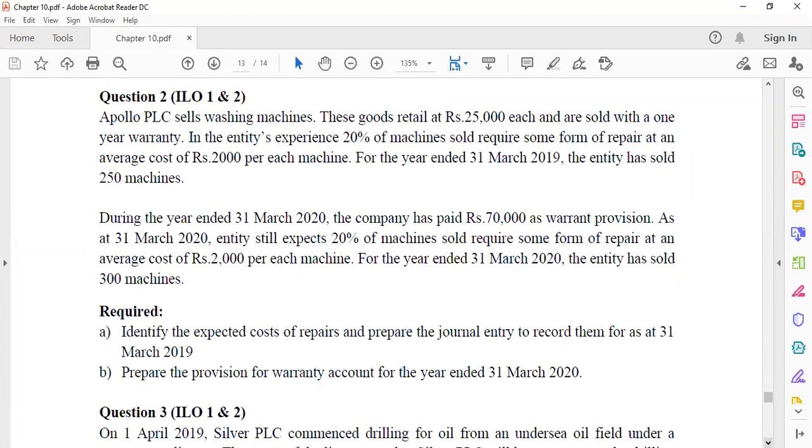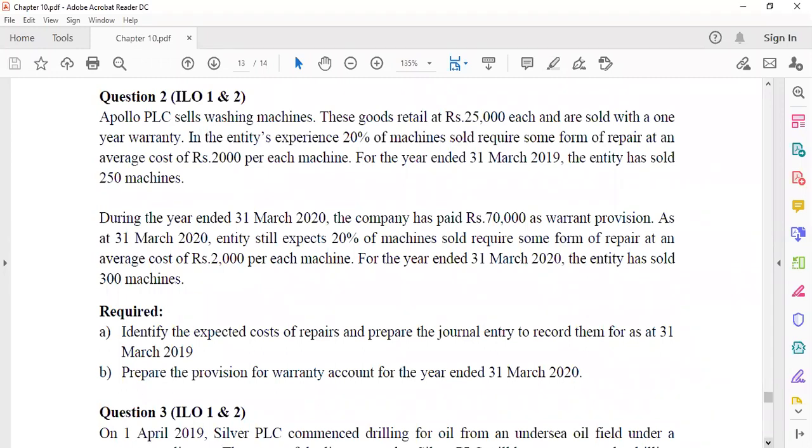Apollo PLC sells washing machines. These goods retail at rupees 25,000 each and are sold with a 1 year warranty. In the entity's experience, 20% of the machines sold require some form of repair at an average cost of rupees 2,000 per machine.